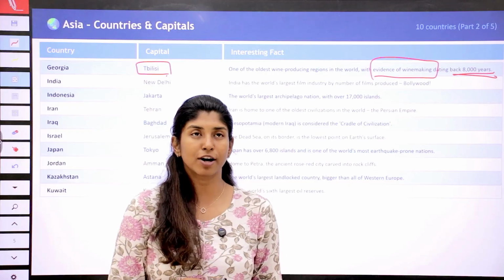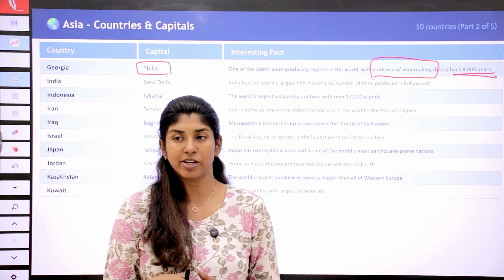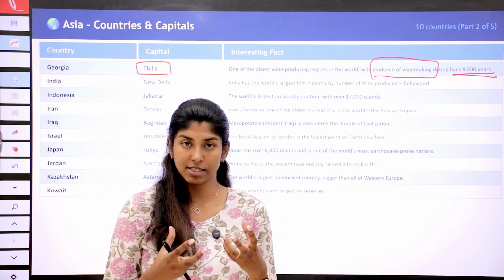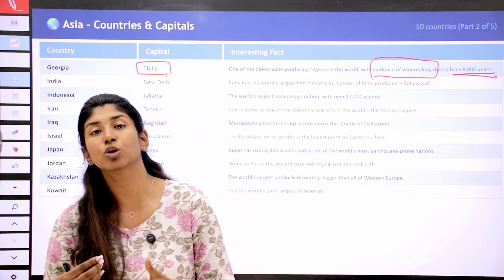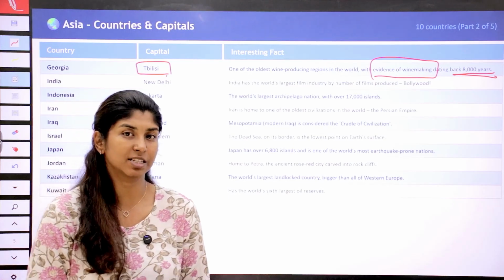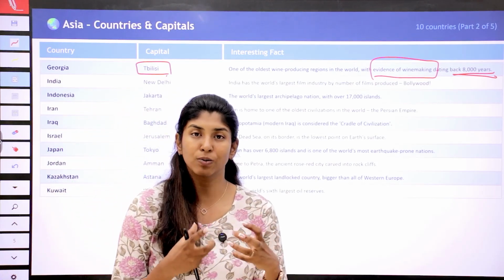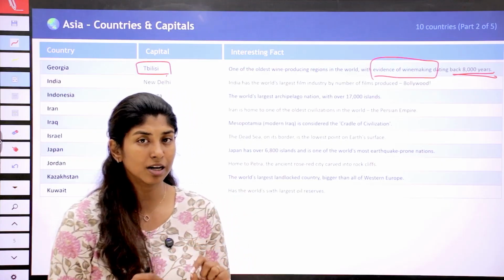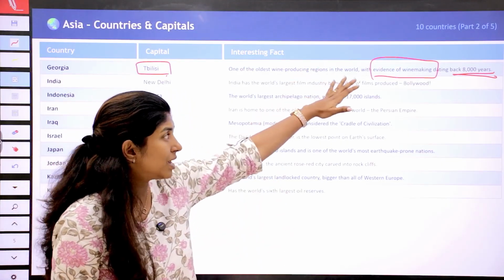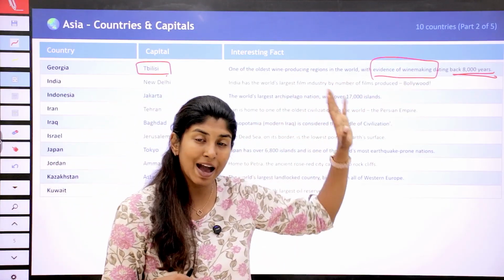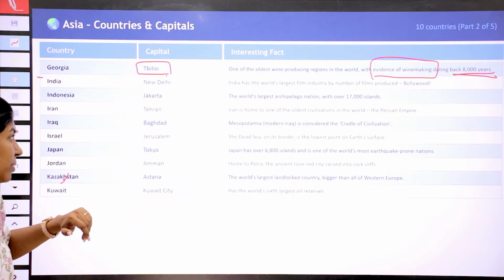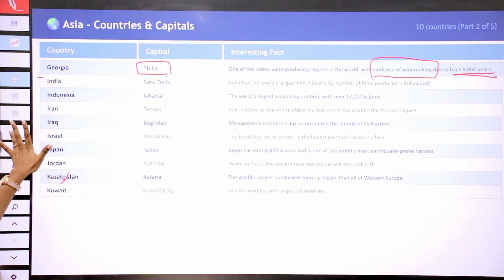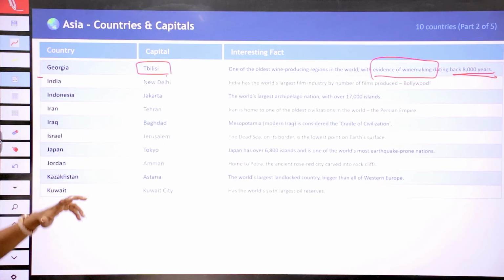For example, if we saw some toys or some bangles, we will know that they were using jewelry in the Indus Valley civilization, or that they used to play with dolls. Similarly, for winemaking, almost 8,000 years back, they have evidence that in Georgia, winemaking was happening. So this is one of the oldest wine producing countries in the world.